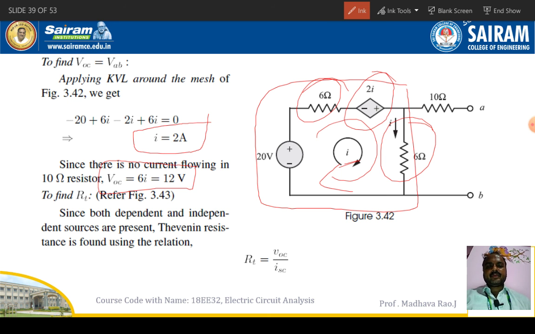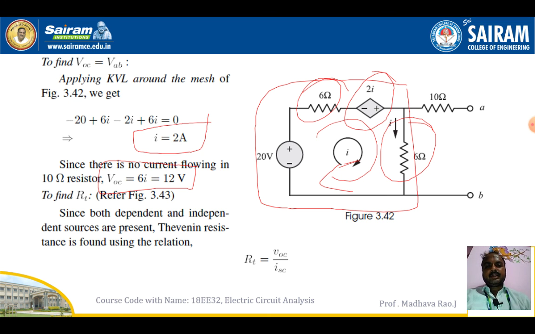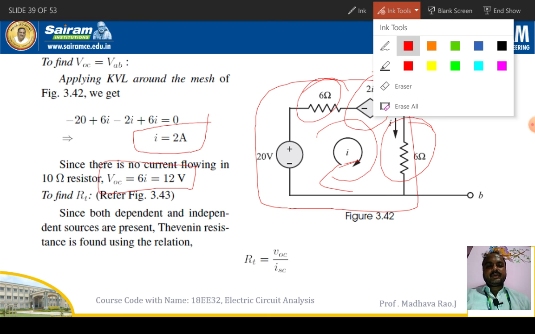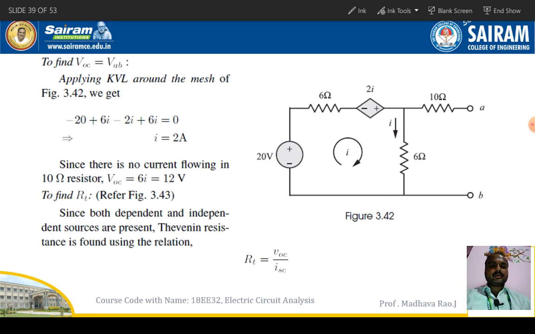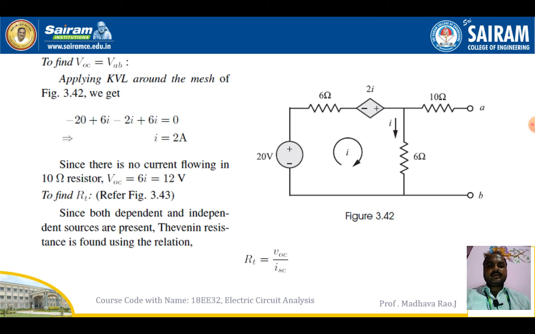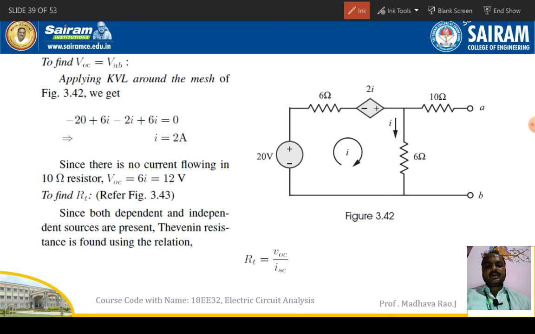Next one, RT we have to find out. So RT, how we will find out? So we have to deactivate all the sources. So current source is there, we have to deactivate as an open circuit. Voltage source is there, we have to deactivate as a short circuit. So this will be deactivated, this will be deactivated as a short circuit, and 6 ohm and 6 ohm will be parallel.